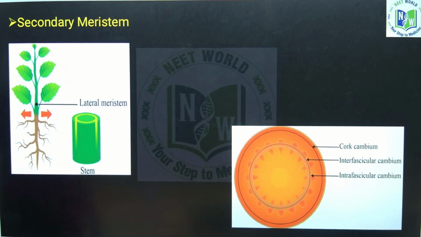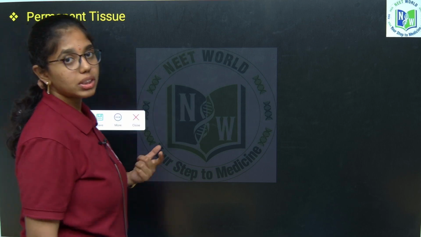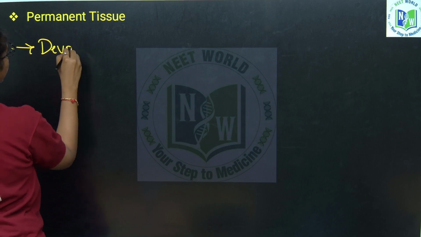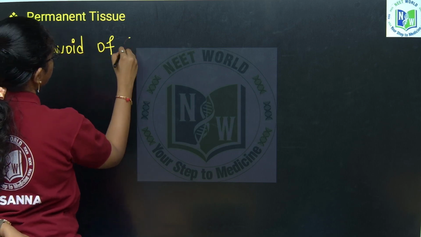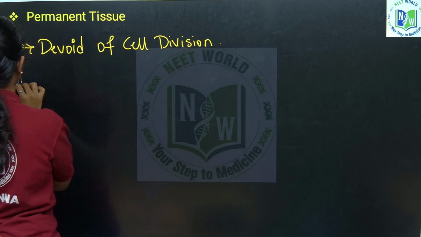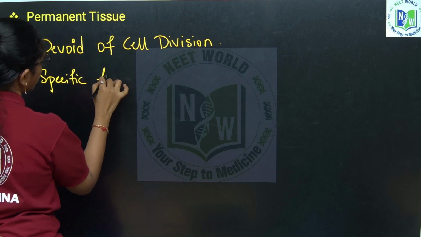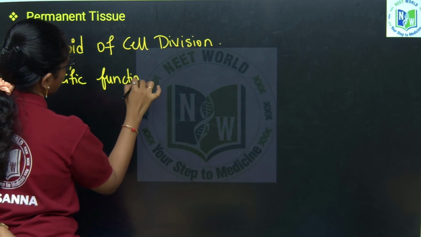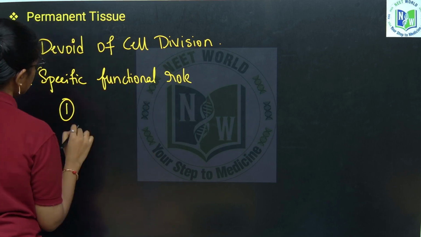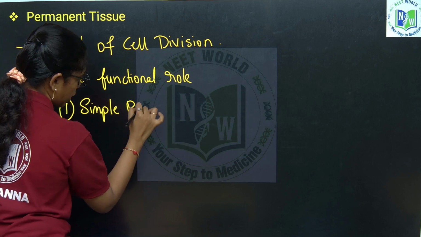Now, if you look into permanent tissues, what are permanent tissues? Those tissues which are devoid of cell division and have a specific functional role. They are of two types. One is simple permanent tissues.